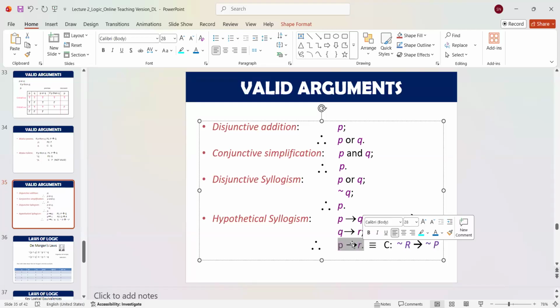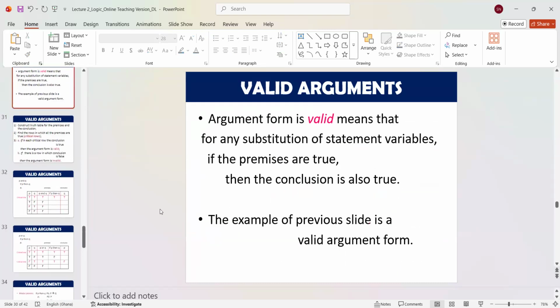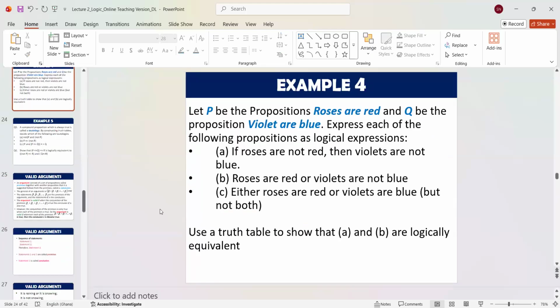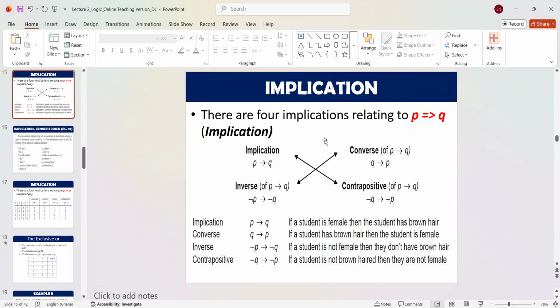Okay? Now, if we go back into the slide and look at the beginning of if and then, I drew a table that looks like a cross, this one. Now look at this carefully. What does this symbol mean? If you draw a truth table, on the left-hand side, you have P implying Q. And in this question, they are using, if a student is a female, then that student has brown hair.